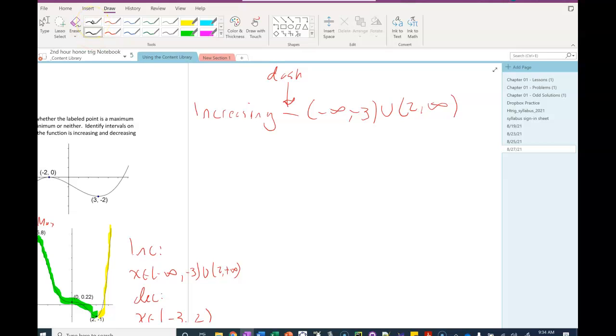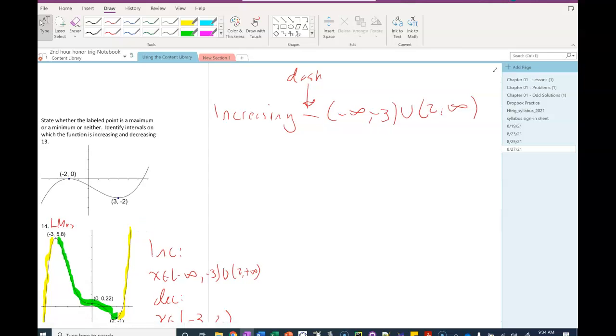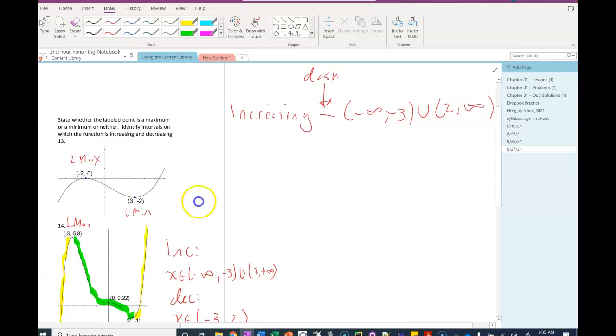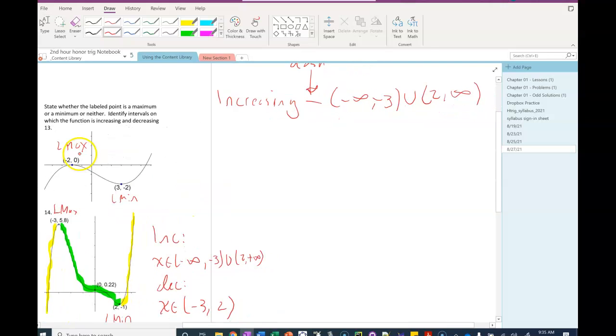Okay, anyways, go ahead. So is -2 the local max, right? Yes. Correct. Okay, so if this was the overall highest point of all the high points, then it's global.